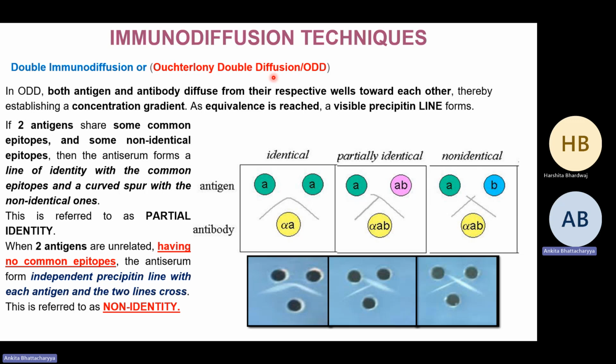This was Ouchterlony double diffusion, or ODD, and depending upon whether the two antigens you are studying are identical, partially identical, or non-identical, you can recognize that based on the type of precipitin lines that you can see.